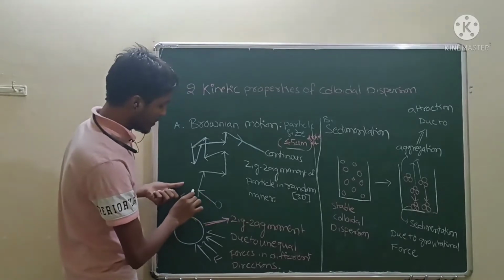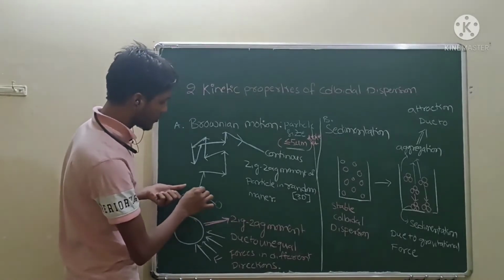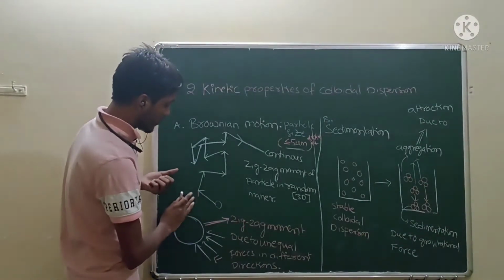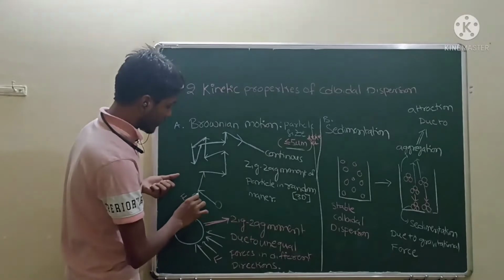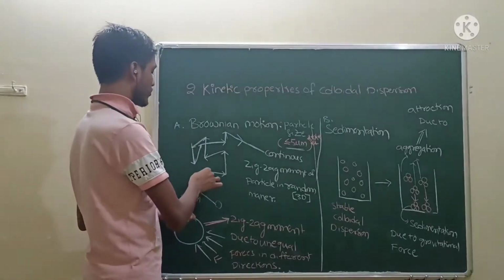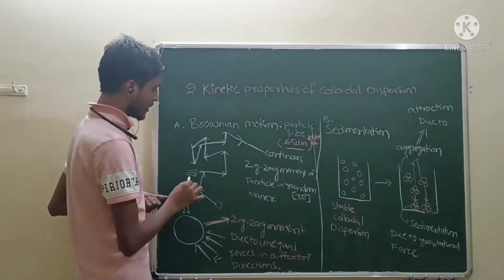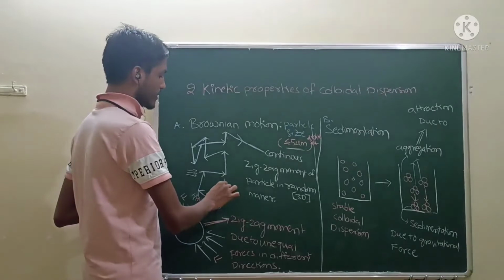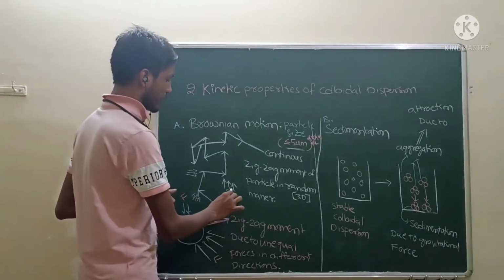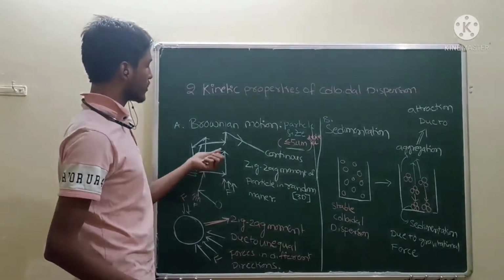When more force is acting here compared to the other sides, that's why the particle is moving like this. Now the more forces are acting here, now the particle is moving in this direction. Now the more force acting like this, then the particle is moving to this direction.